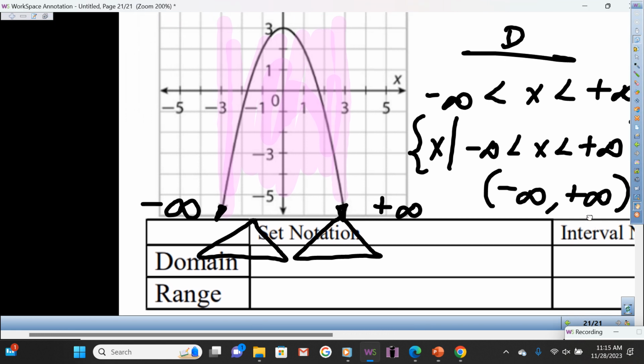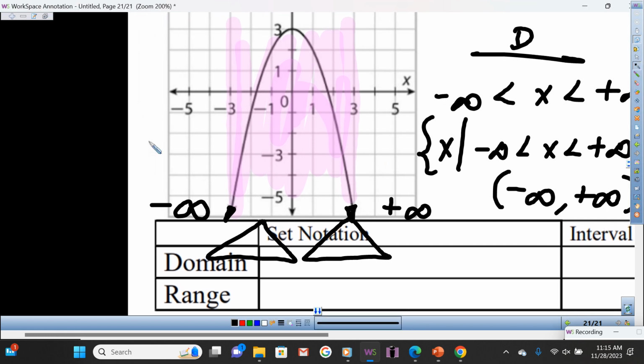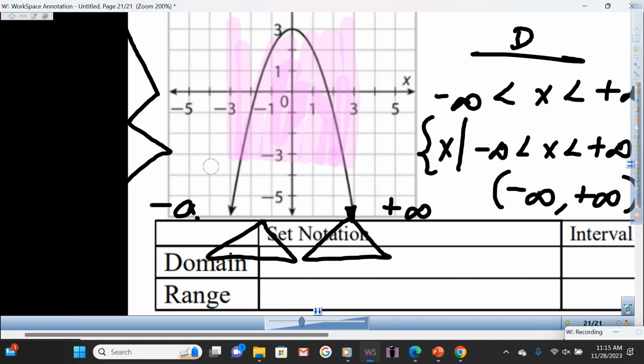Let's go to range. For the range, now we have the 2 Galaga ships shooting over here from the side, and they're going to shoot a beam that goes sideways, that way. Tell your neighbor, between what values is our range? Let me erase that. Between what values is our range if we shoot a beam that way?